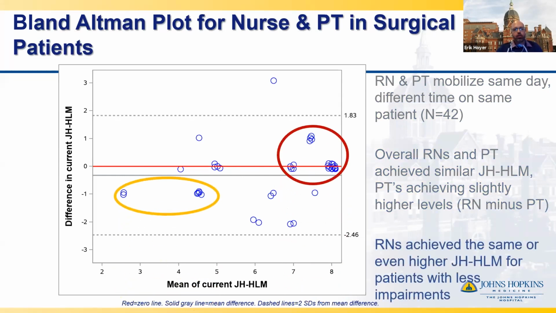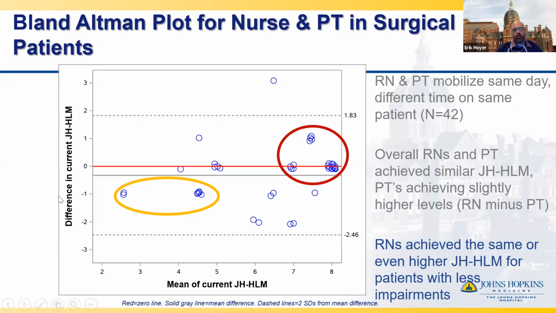But I think what's also important to recognize is that particularly when we're thinking about higher mobility levels, like ambulation, which I'm circling in that dark red line, the nurses are able to achieve the same or even higher HLM levels for patients who had less impairment. So you can see that they were able to reach those HLM levels of 7, 8, and sometimes even exceed the therapist by a level.